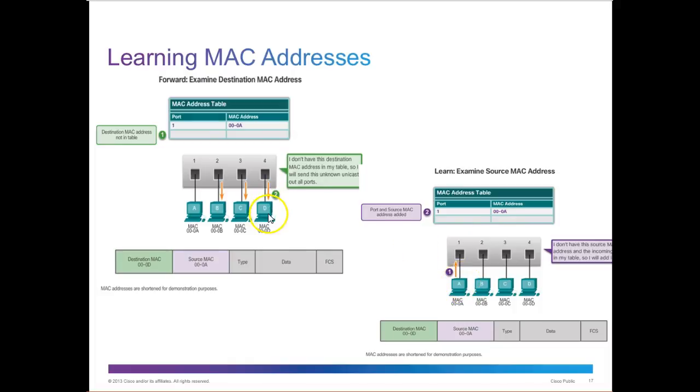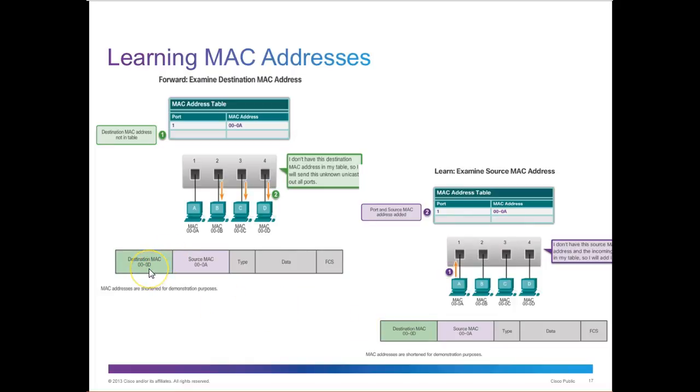So if D responds to A, then D's MAC address goes into the MAC address table. Here, port 1 is where 00A is out of on the device, and the switch will build that table as it goes along.